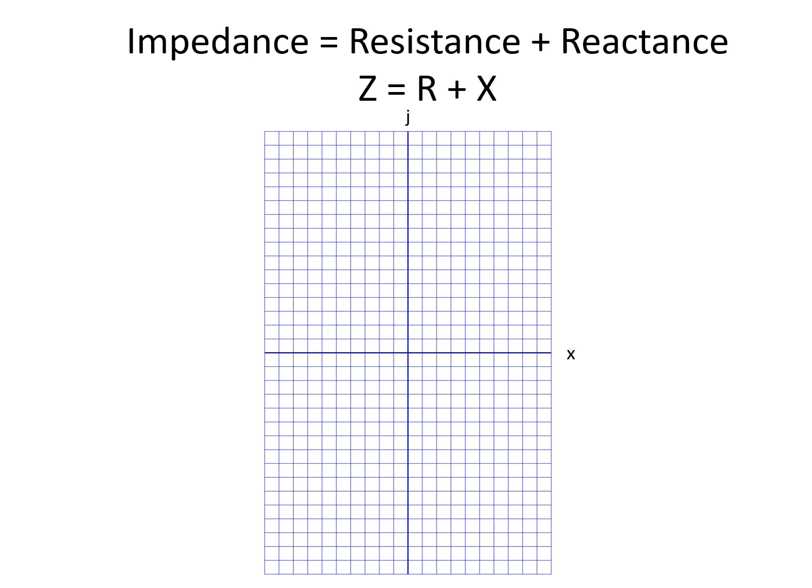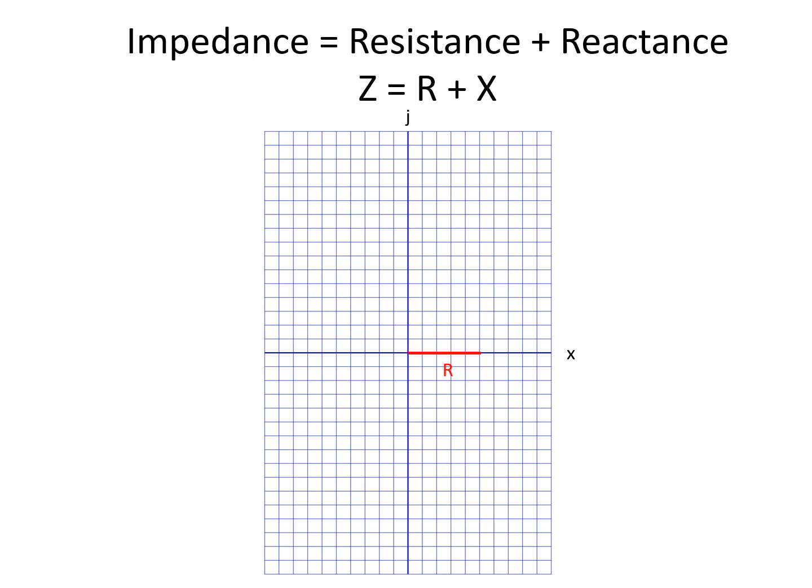So we've got the origin here, where x is 0 and j is 0. And then this is positive x. Going to the left is negative x. And then going up on this axis is positive j, and going down is negative j. So we're going to graph this impedance by starting on the x-axis, where the resistance is plotted.